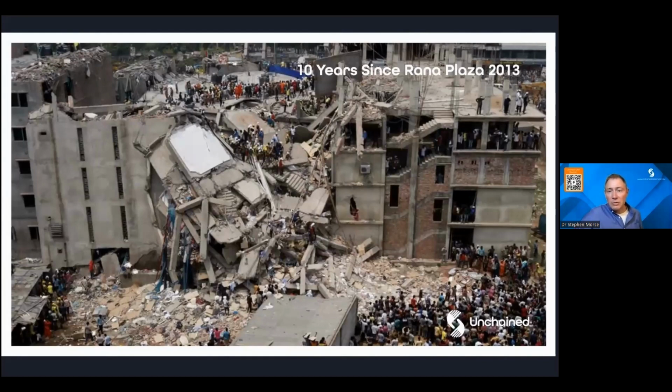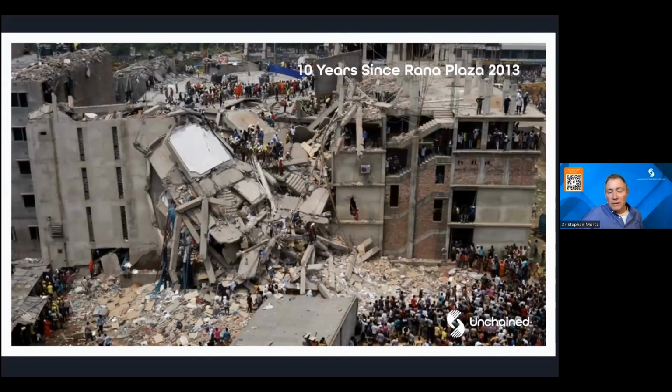This incident occurred back in April 2013 when a factory collapsed, killing over 1,100 women working in the apparel sector, which is a sector in alignment with the promotional products industry.